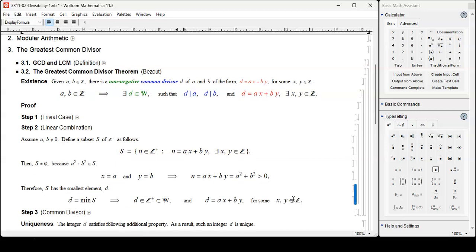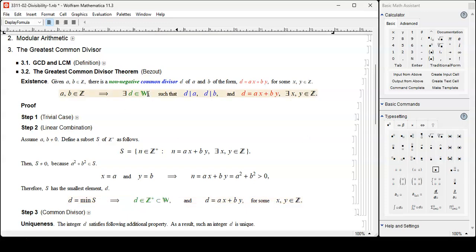We're going to define d as the minimum of the set. Consequently, d is a positive integer because it is a member of this set, which is part of Z plus, and that is in turn part of the whole numbers.